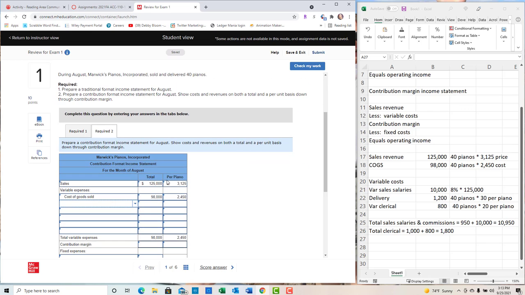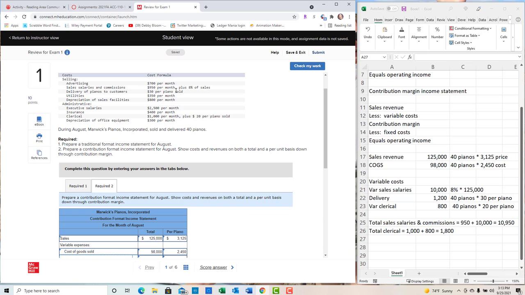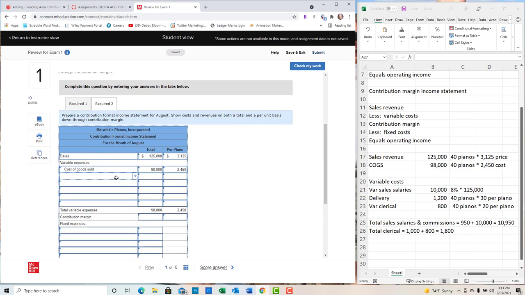So now that we've got our variable cost of goods sold, the next variable cost that we have is our sales, salaries, and commissions. And we calculated just the variable part of our sales, salaries, and commissions as $10,000. So again, here under the variable, we will not add the fixed portion of $950. So it's just the $10,000.